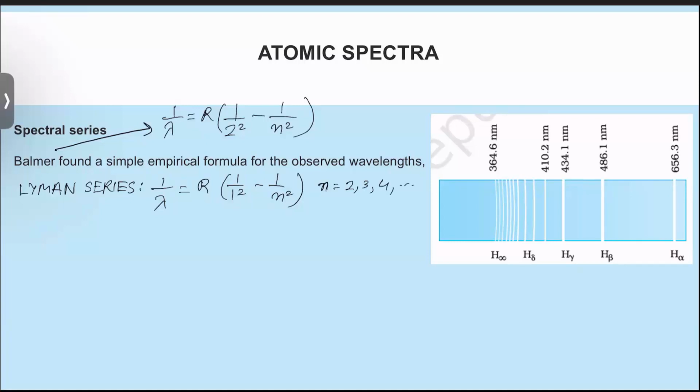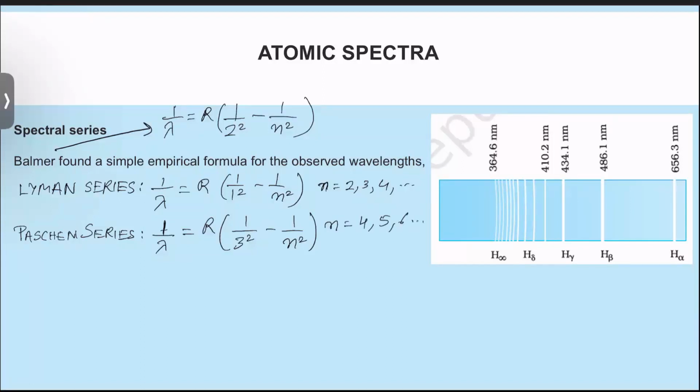Then you have another series called the Paschen series. That is going to be 1 upon lambda is equal to R into 1 upon 3 square minus 1 upon n square. From over here, n will start from 4, 5, 6.